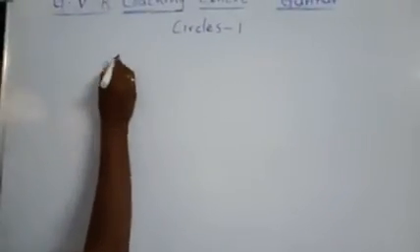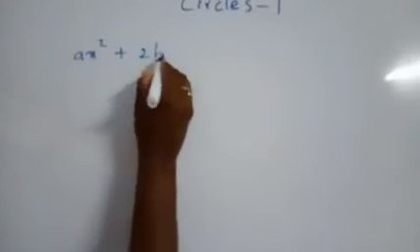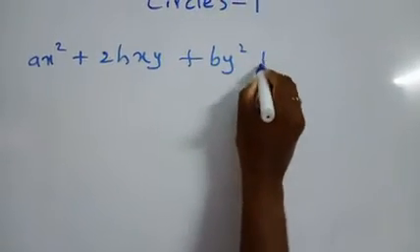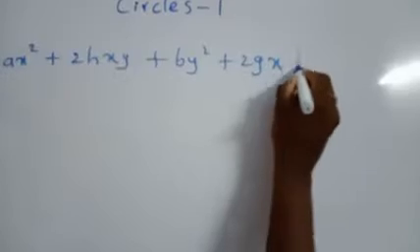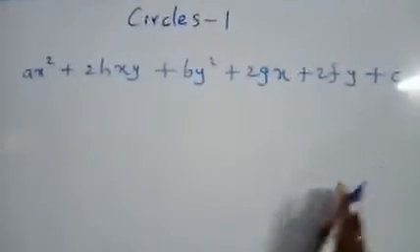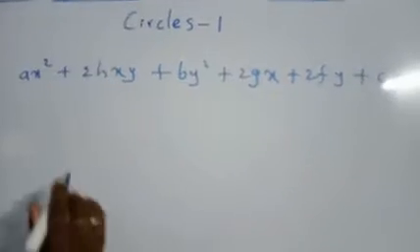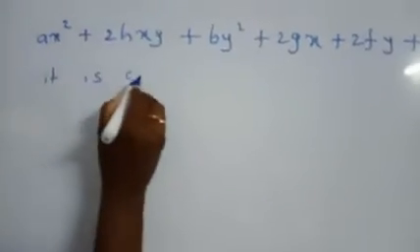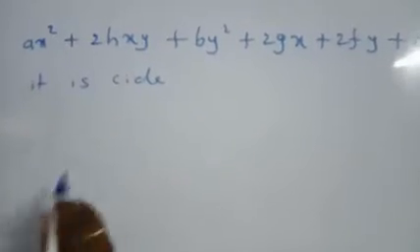The second degree equation is ax² + 2hxy + by² + 2gx + 2fy + c = 0. This is the second degree equation. It is a circle.